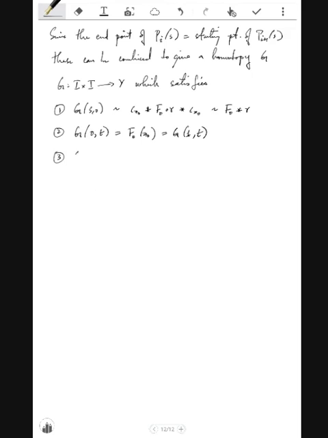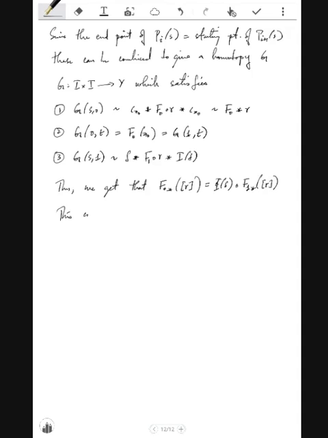And three, G of s comma 1 is homotopic to delta star f1 compose gamma star inverse of delta. So thus we get that f0 lower star of gamma is equal to phi delta compose f1 lower star of gamma. So this completes the proof of the proposition.